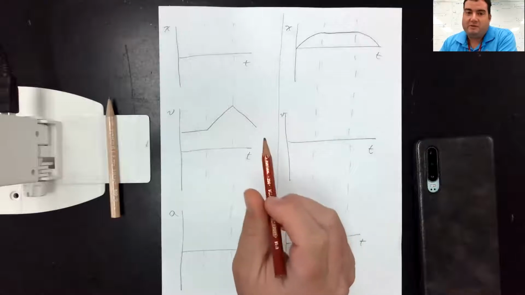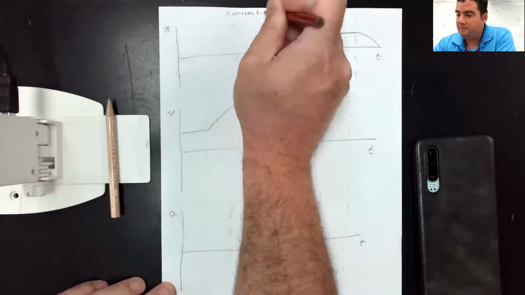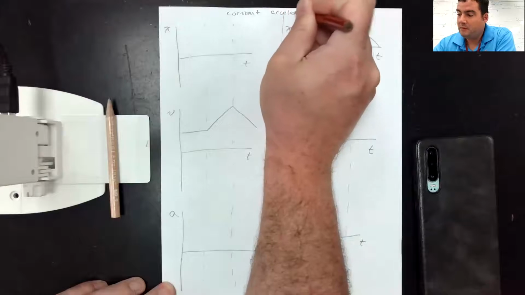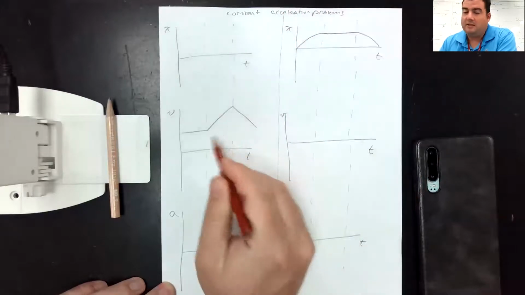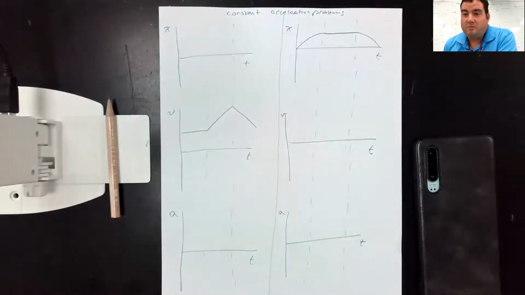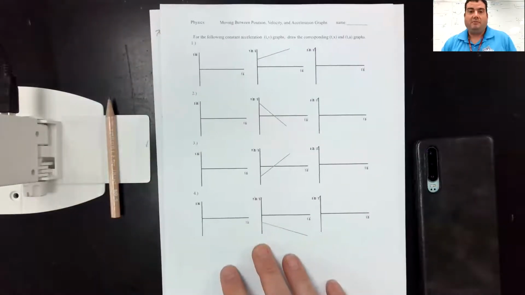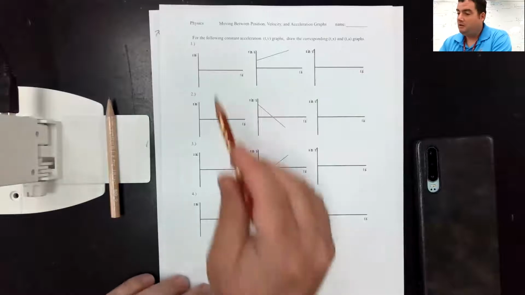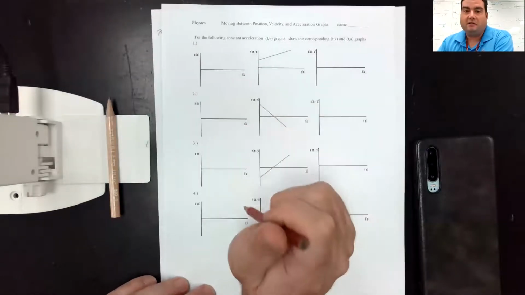Before we deal with these types of problems, which I think we can call constant acceleration problems, at least over these individual time periods, I want to go back and look at very simple linear velocity time graphs. I want to make sure we understand how we can go from velocity to position and from velocity to acceleration.